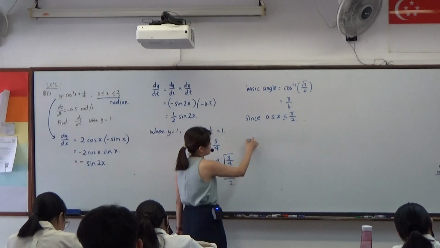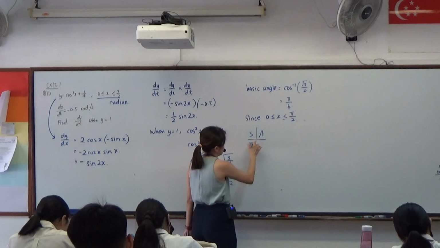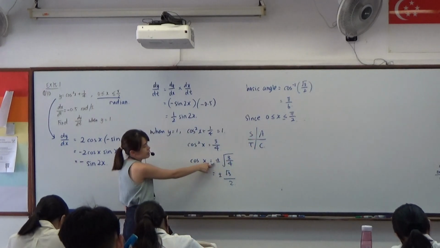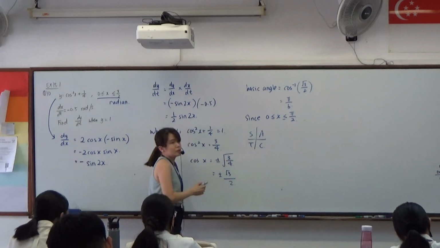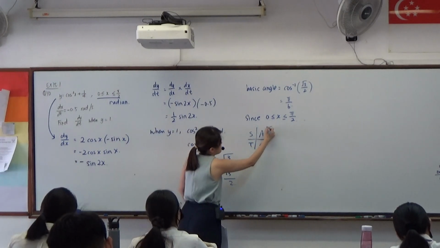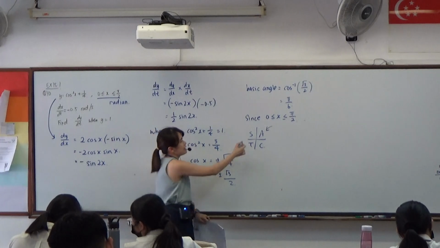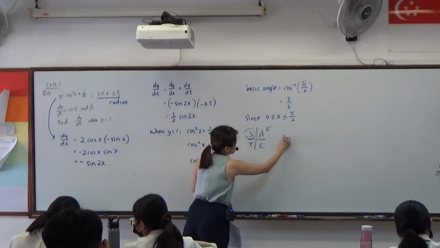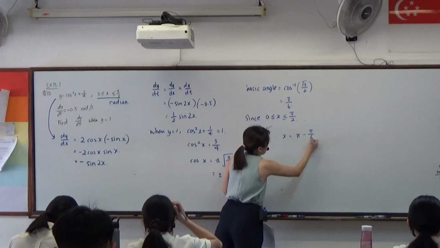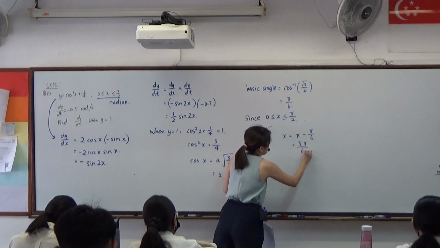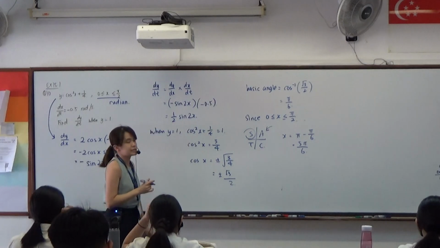Anything more than that, so if you look at your ASTC, in this case it is plus and minus, that means it's all quadrants. Your basic angle lies inside your first quadrant. To find your second quadrant angle, it will have to be 180 degrees minus your basic angle, and that will be 5 pi over 6.